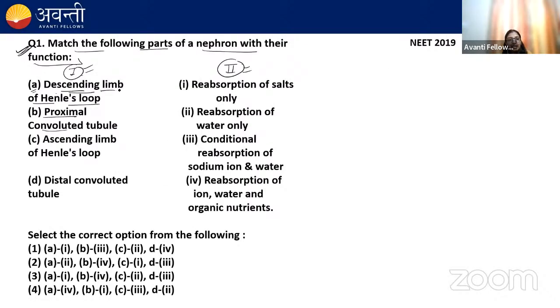First is the descending limb of loop of Henle. Let me draw it. This is the Bowman capsule, PCT.